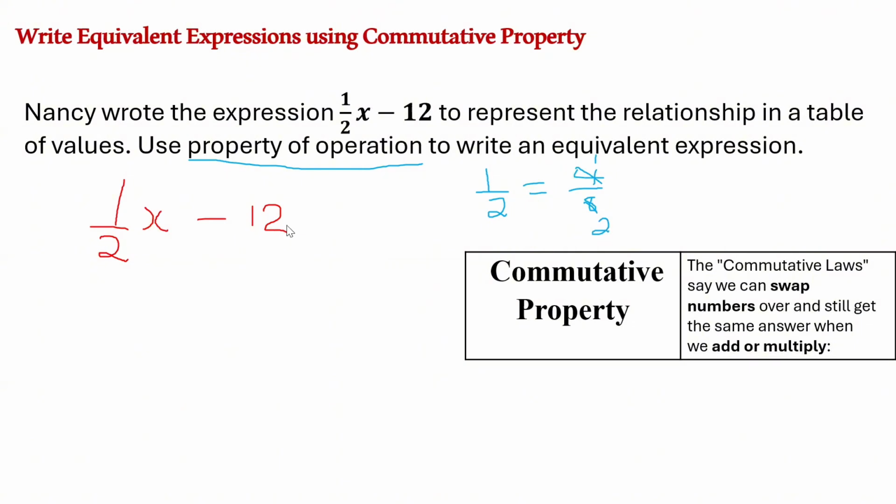We are going to write an equivalent expression for this expression using the commutative property. So all we are going to do is to move around these terms. We have two terms in this expression. We have positive 1/2 x and we have minus 12.